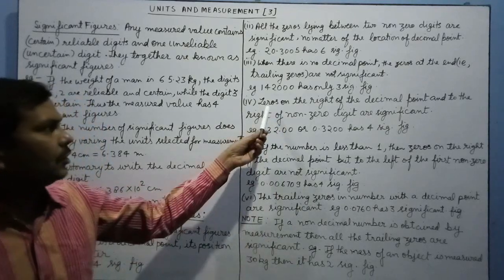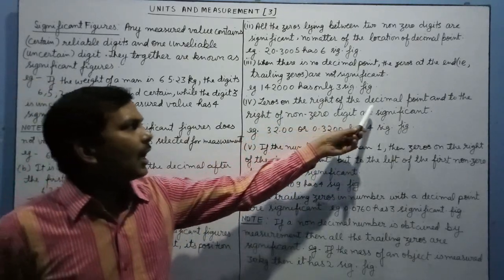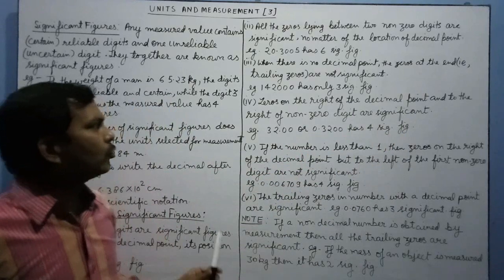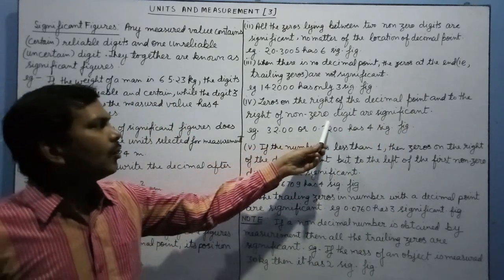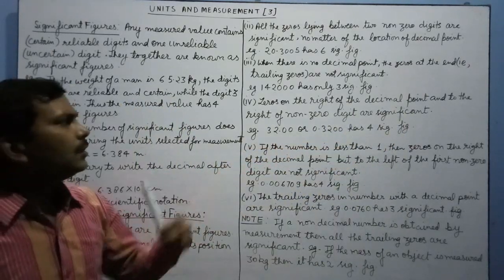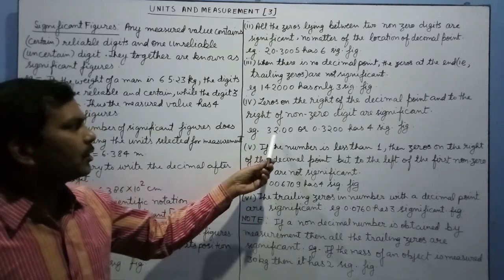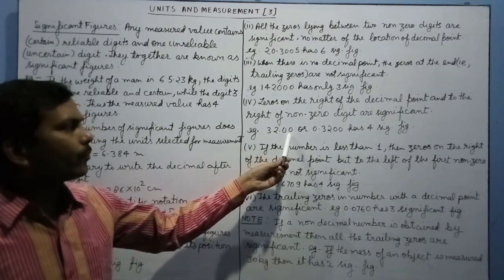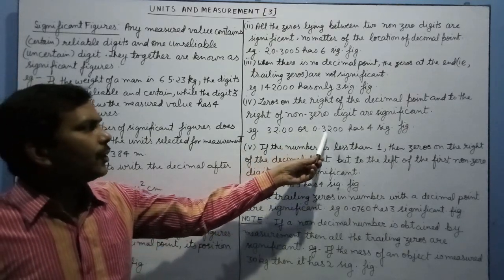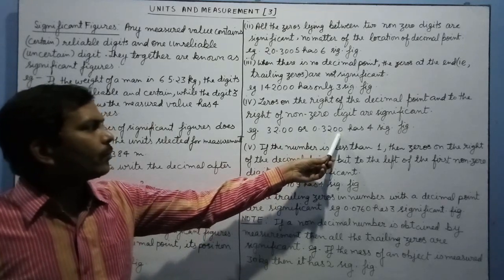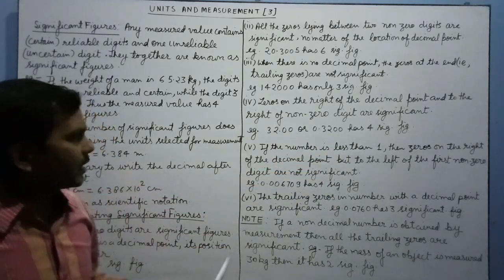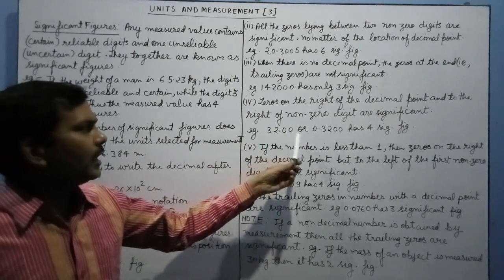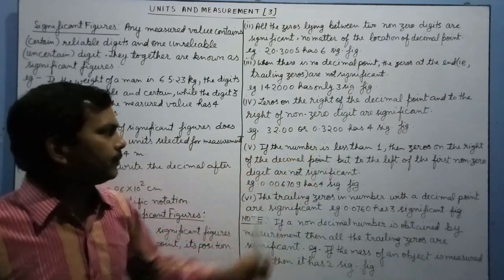Next, zeros to the right of the decimal point and to the right of a non-zero digit are significant. Example, 32.00 or 0.3200 has 4 significant figures. Here also 1, 2, 3, 4. Here 1, 2, 3, 4.